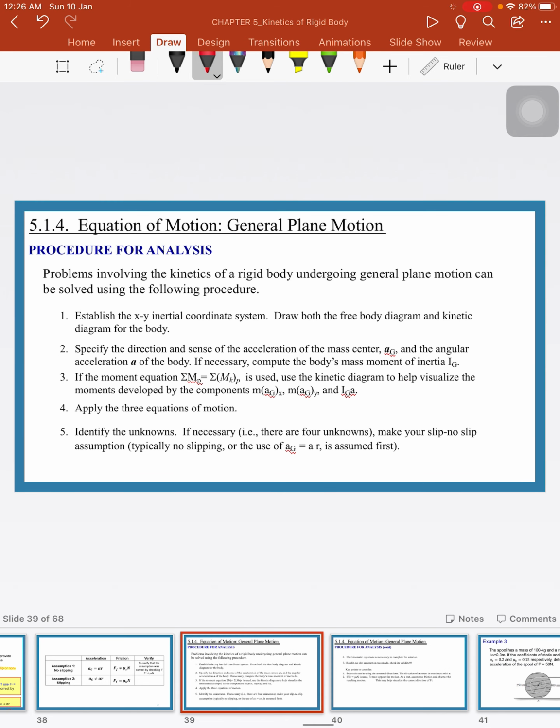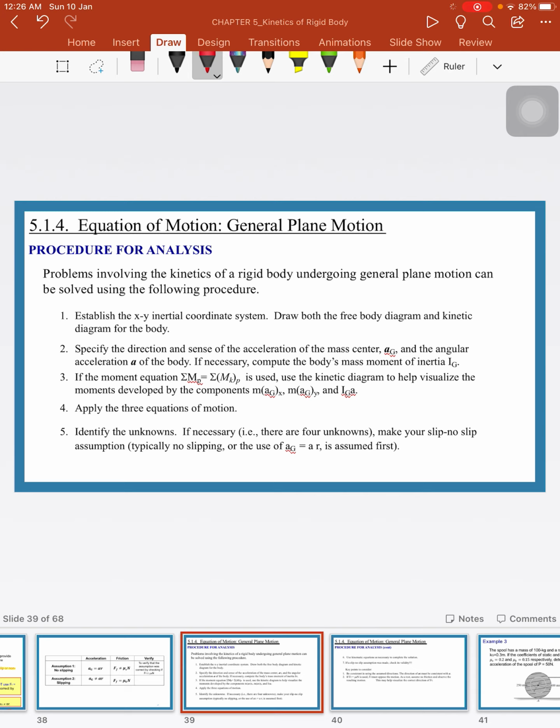Next, procedure for analysis. The important part, the procedure, is how to solve the problem. Problems involving the kinetics of a rigid body undergoing a general plane motion can be solved using the following procedure. First, establish the XY inertial coordinate system.